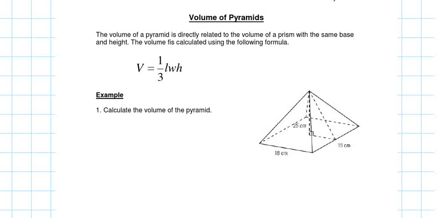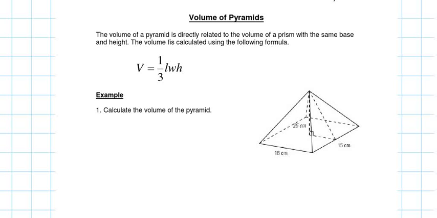So we're going to look at the volume of pyramids. The pyramid has 4 faces of triangles, and then we have the base, which is either a rectangle or a square. The volume of the pyramid is directly related to the volume of a rectangular prism.